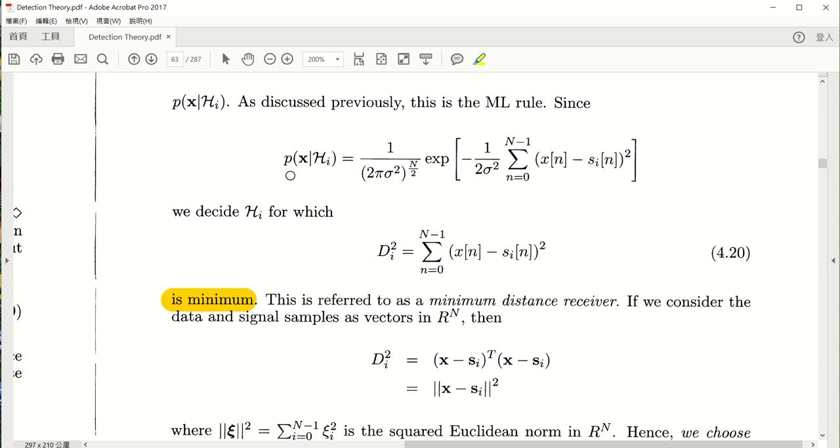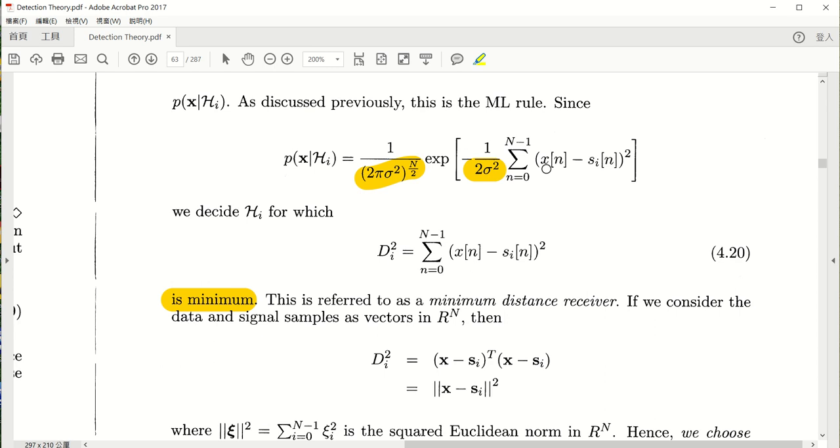This is the probability density function, and when x is observed, this becomes a likelihood function. So we will decide Hi for which this is the minimum. How come? Think about it. For different i's, this is the same.